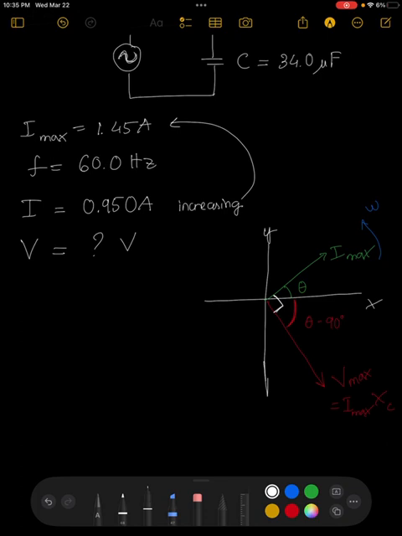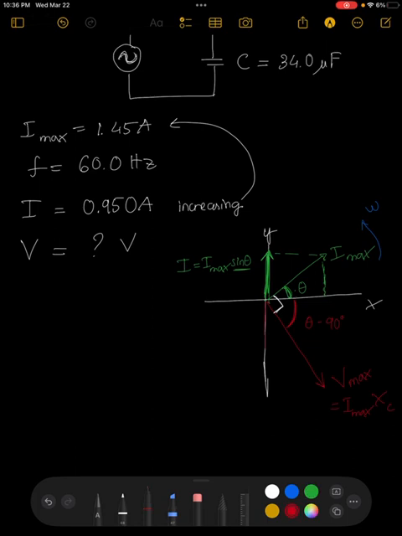And we have the instantaneous current right here. I equals Imax sine of the angle, because this side is opposite to the angle, so we will use sine of theta.